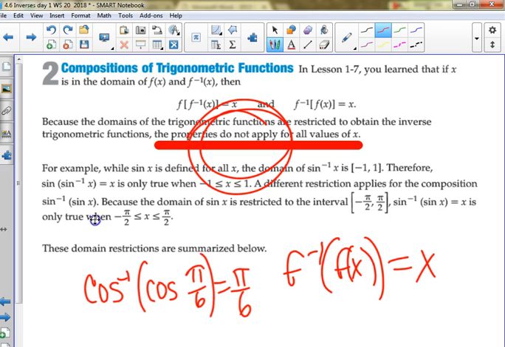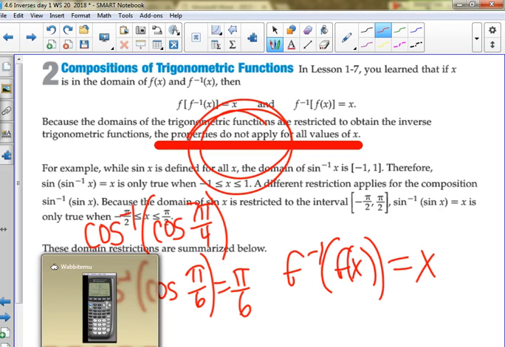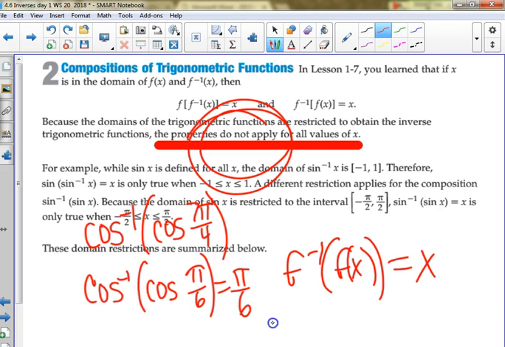Because let me show you a place where it's not true. Can anybody tell me why that's not true? Yes. 7 pi over 4 has a cosine. If I look on my pink sheet, I go to 7 pi over 4, the cosine is square root of 2 over 2.